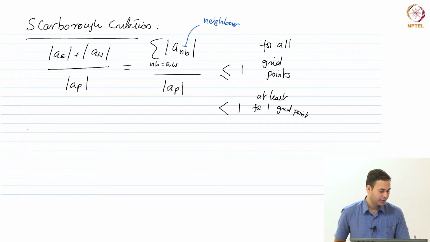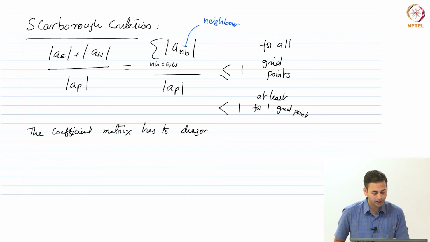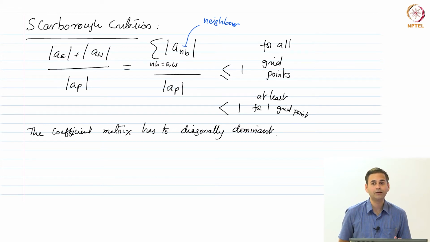This means that the coefficient matrix has to be diagonally dominant. That means the terms on the diagonal should, in an absolute sense, be larger than the sum of all the off diagonal elements, right.